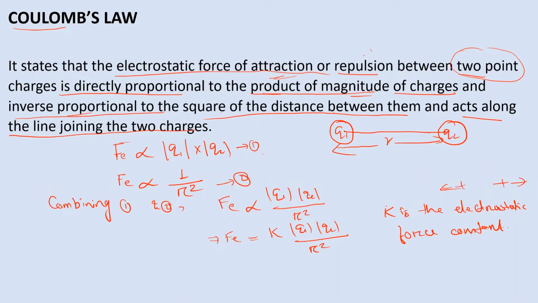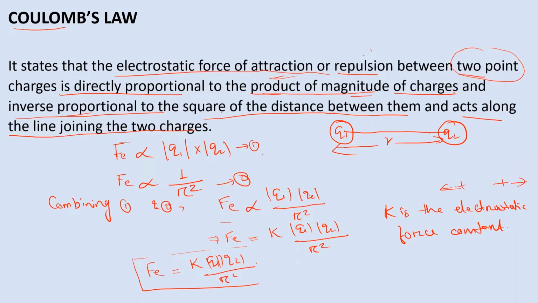This is mathematically Coulomb's law: Fe equals K Q1 Q2, the magnitude, by R square. So this is Coulomb's law.